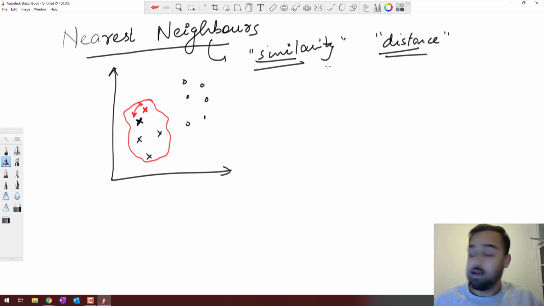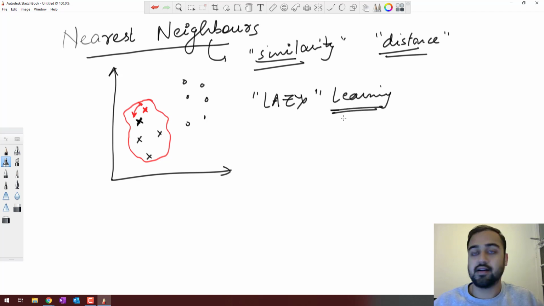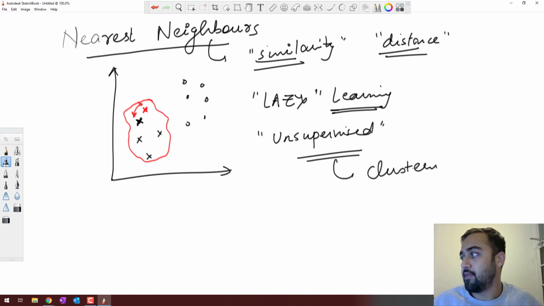So this is a type of lazy learning. This is lazy learning because you need to present the algorithm with the whole of the data set in order to make a prediction, right? This also forms the base of unsupervised learning, specifically clustering, that we'll tackle in the coming lectures.